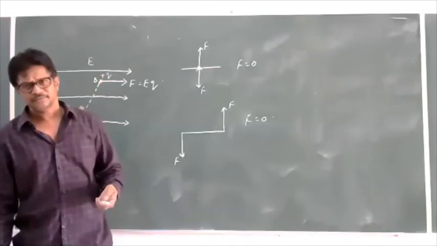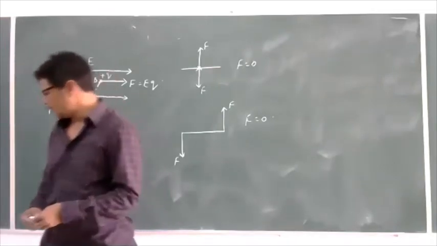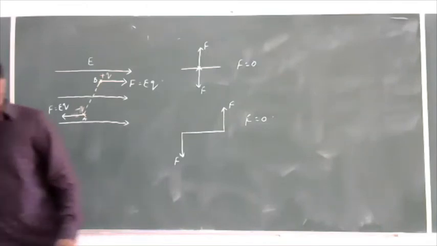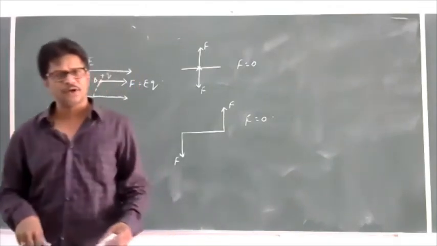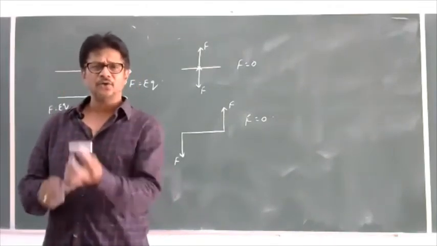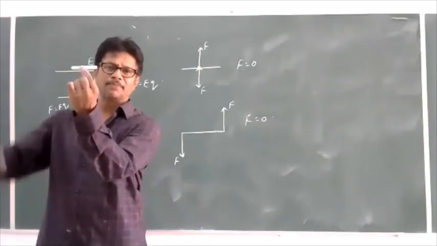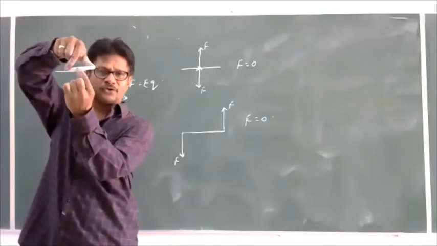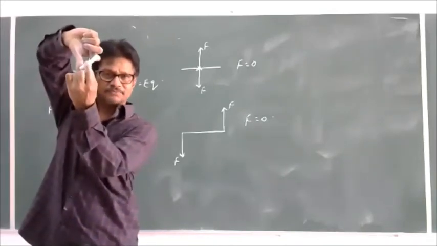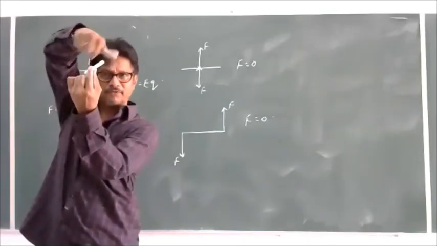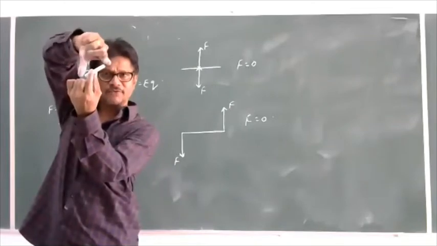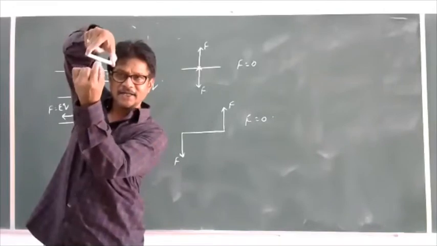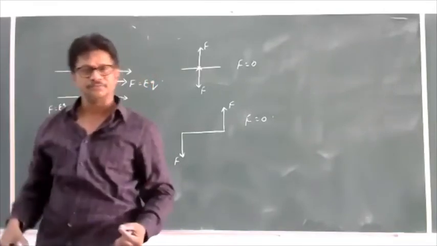Whenever you want to open a water tap in our houses, what will you do? If this is the tap, you will apply two equal and unlike forces like this. By applying them, we get the turning effect at the center.